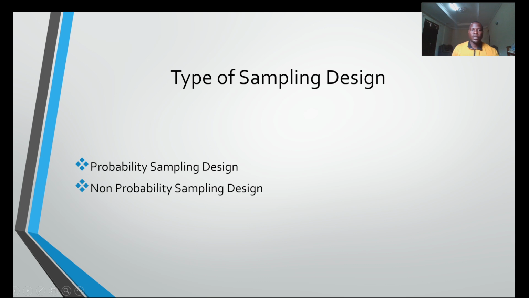Now, what are the types of sampling design? Mainly, there are two types: probability sampling design and non-probability sampling design.